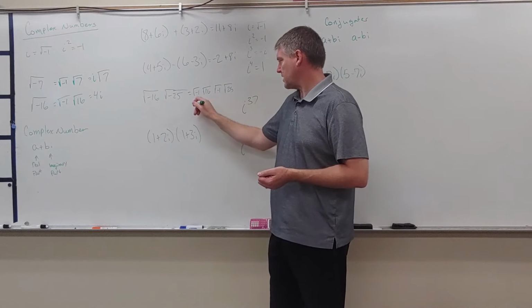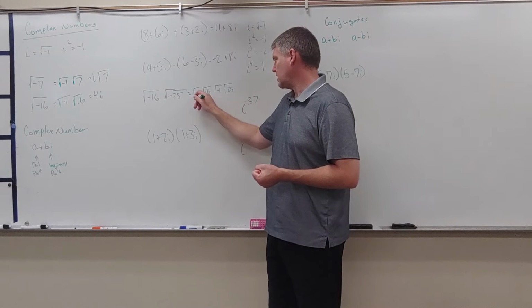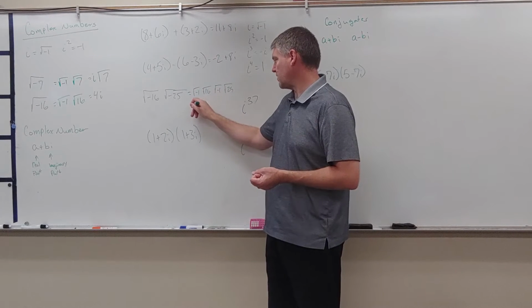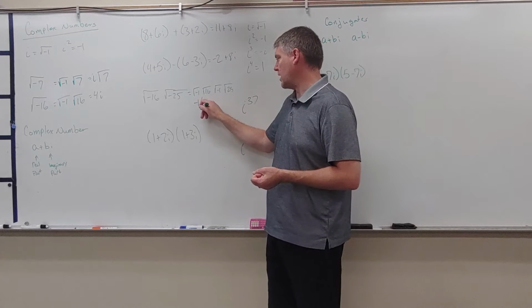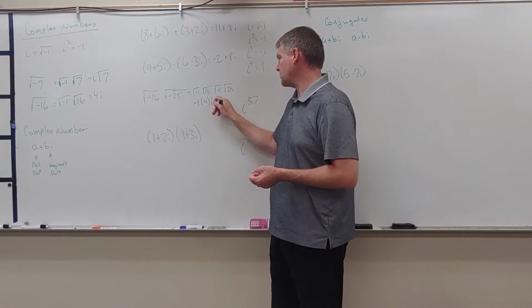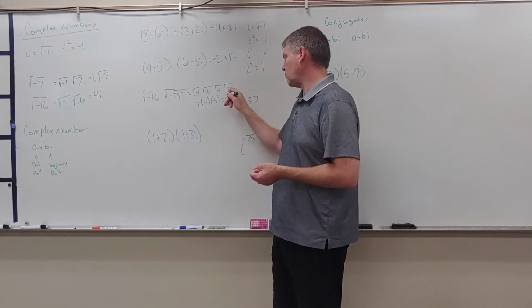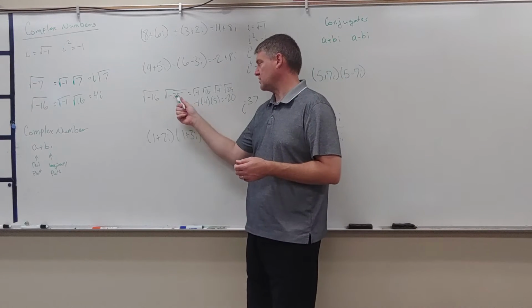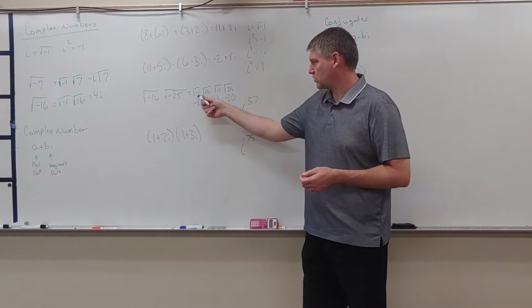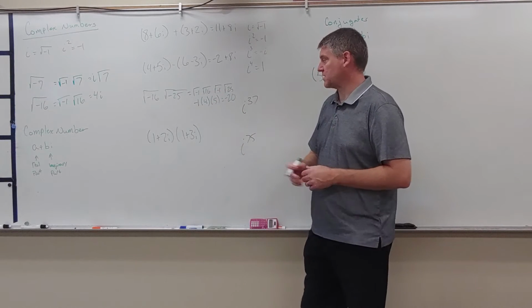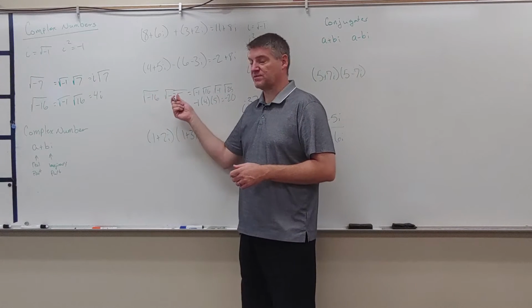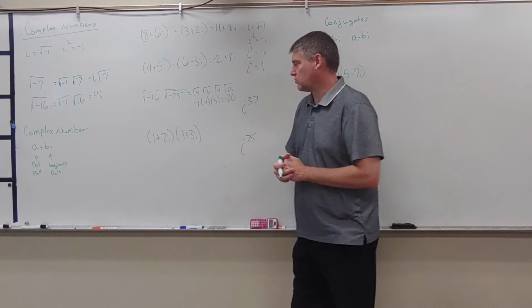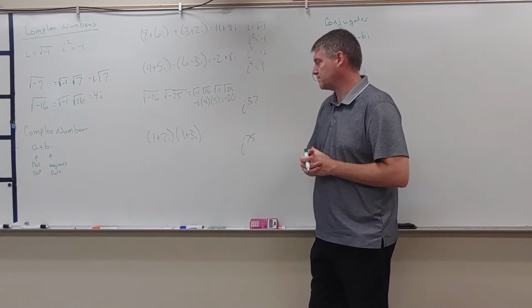So this becomes square root of -1 times square root of -1, which is actually -1. 4 times 5, which is -20. So be very careful when you multiply in these. So we want to make sure we pull out that i first, because this is really 4i times 5i, which would give us that -20.